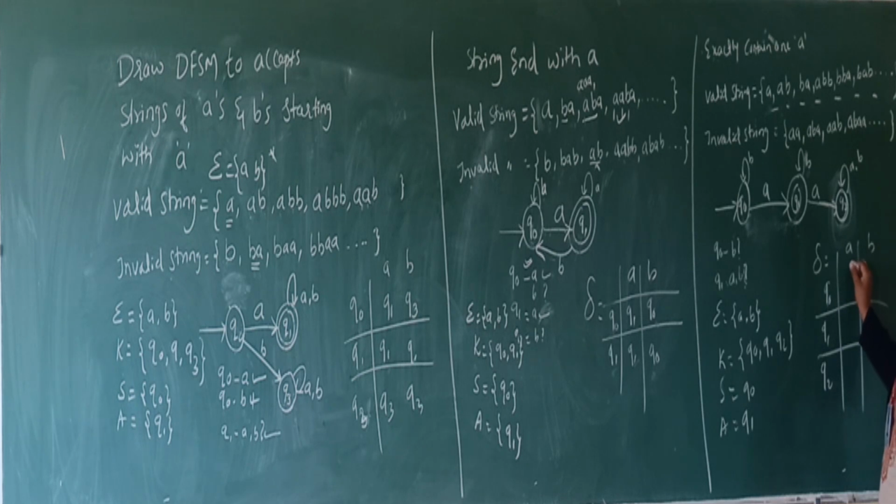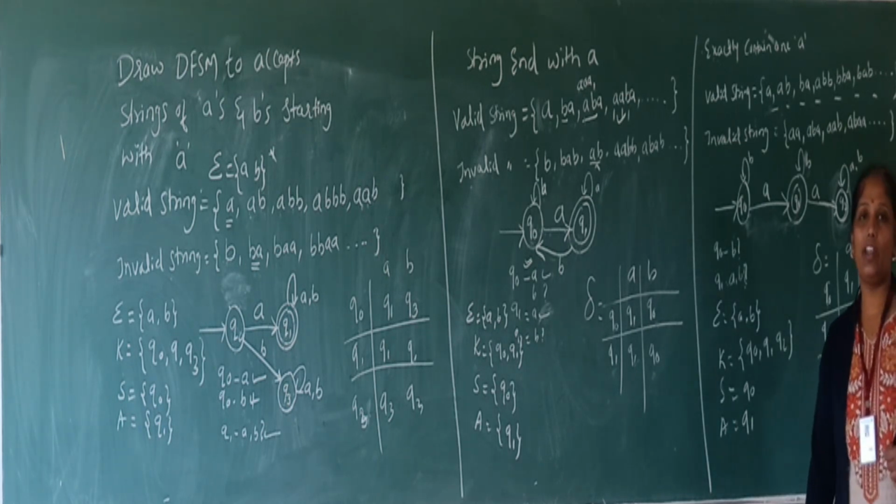Q0 on A, where do I reach? Q1. Q0 on B, Q0 itself. Q1 on A, Q2. Q1 on B, Q1 itself. Next, Q2 on A, Q2 itself, and Q2 on B, Q2 itself. So this is the given DFSM for a language which has exactly one A.